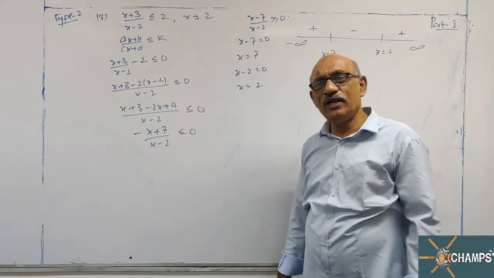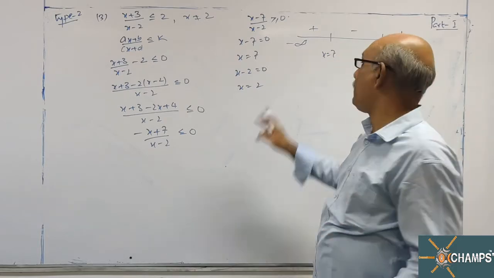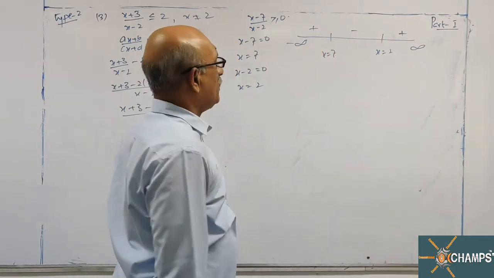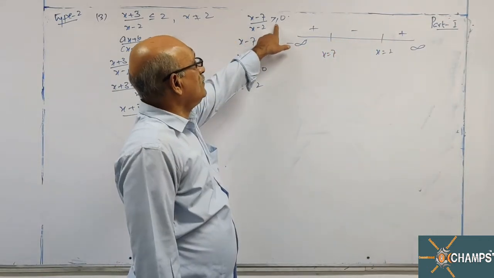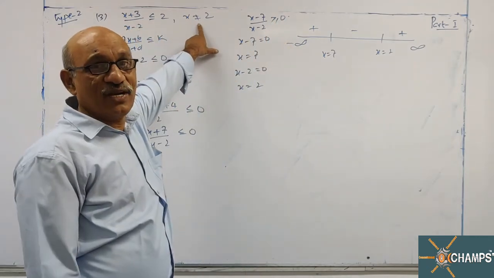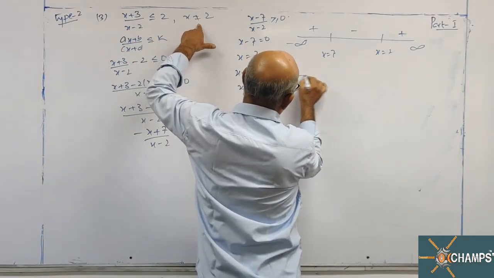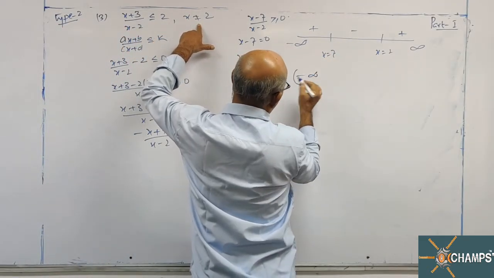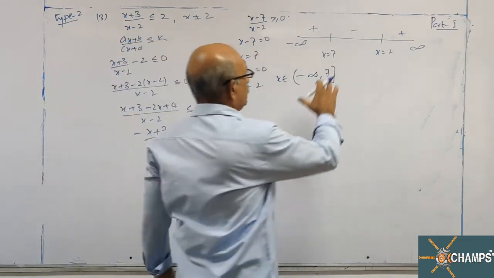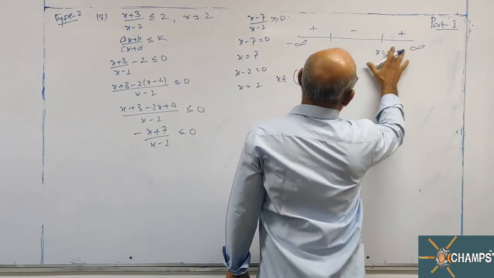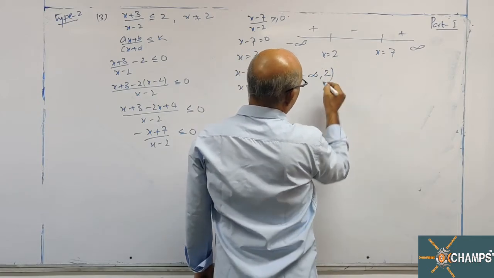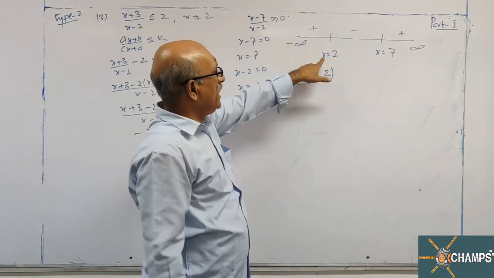Second point where you have to concentrate is whether extreme values, these two values are included or not. Critical values are included or not. Inequality sign is having is equal to sign. But what is the condition given? x is not equal to 2. How can we write this? x belongs to minus infinity to 7, 7 is included. 2 is not included here.